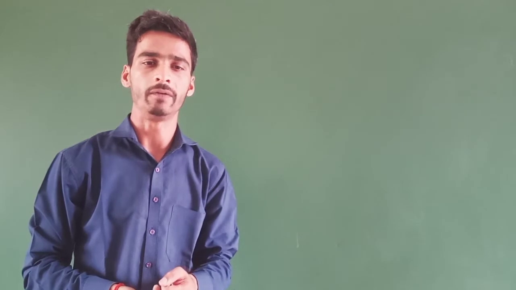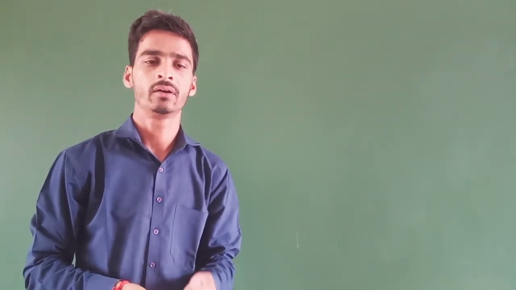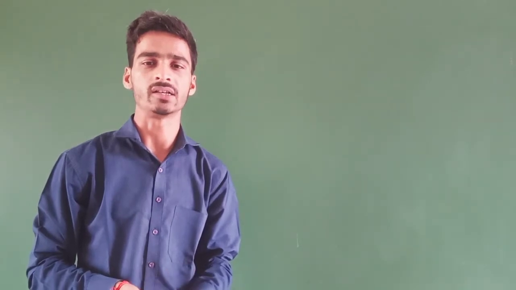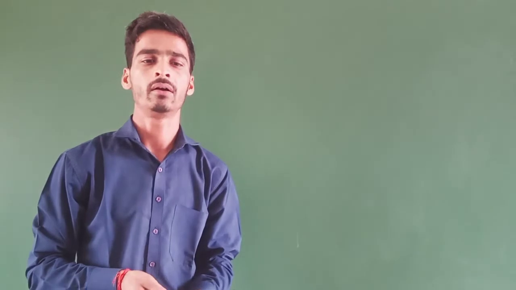Today we are going to solve exercise 2.5 that is related to subtraction. After solving exercise 2.5 we have to learn the next topic, properties of subtraction. In properties of subtraction we will learn how we can subtract 0 from a number, how we can subtract 1 from a number, and how we can subtract a number itself from a number.